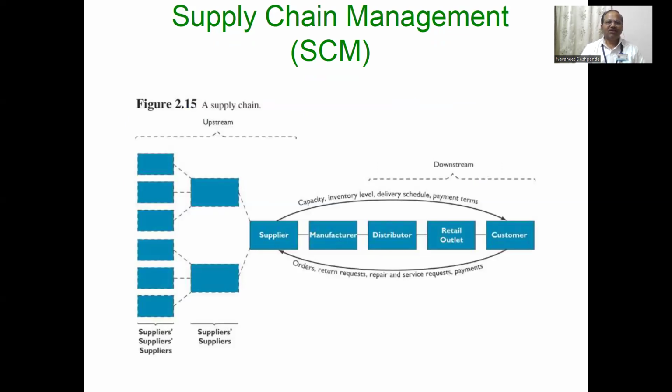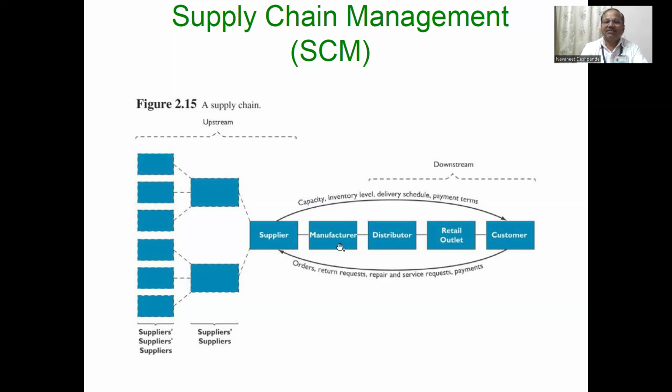Now, let's delve into this diagram in which you have something on the upstream management, whereby you can see the first tier suppliers. There are multiple suppliers. Out of them, the goods which are produced will go on to the second tier suppliers. Then it will finally reach us if we are the manufacturer in this case.